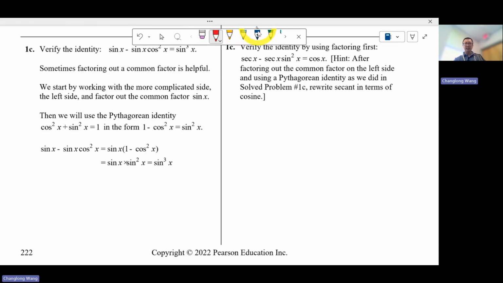All right, so let's say the left hand side is secant x times 1 minus sine squared x. So now, if I want to get to the cosine x, I don't see it on the left-hand side. Not to mention that I have something that's just way different from the cosine x.